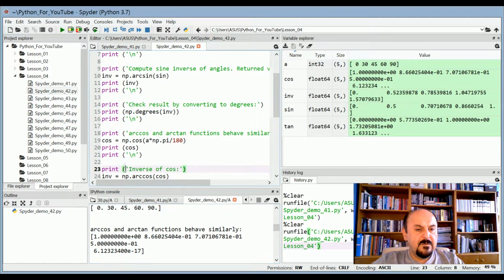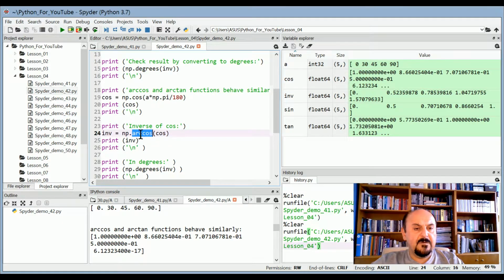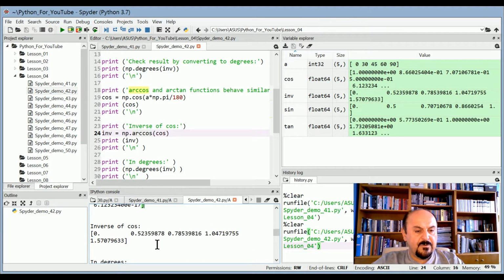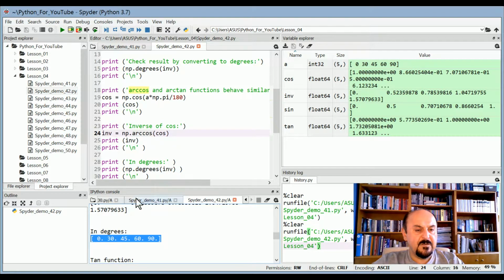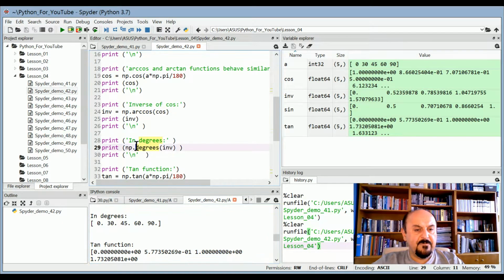Okay, and for the inverse of cosine, there is a ready function for that. Arc cos, of course. Inverse of arc cos, we get the same degrees once again as expected. How about the tangent function?